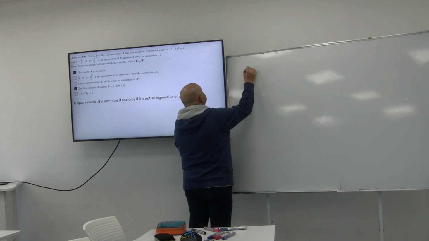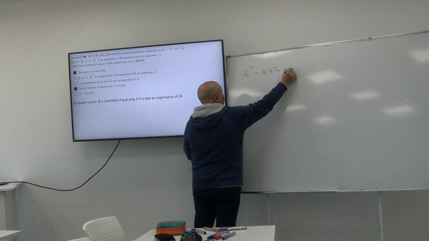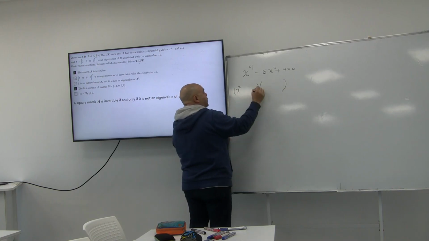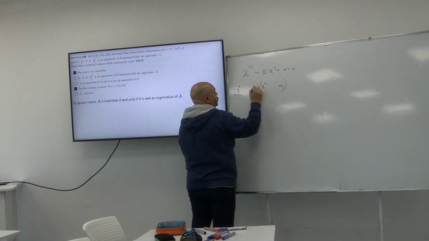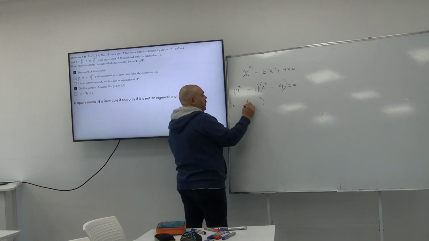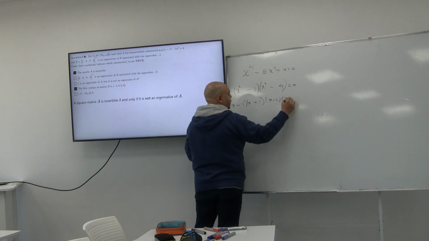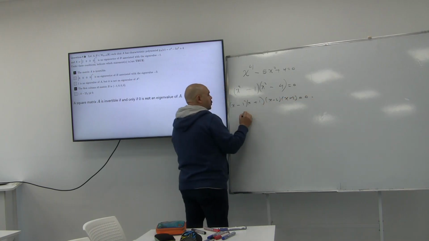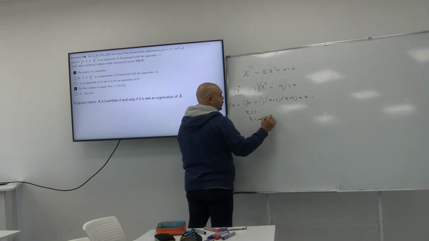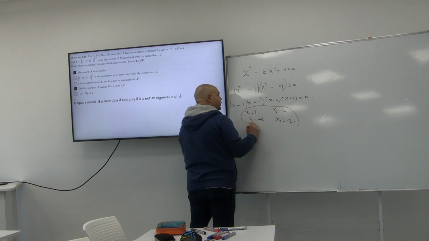I have x^4 minus 5x^2 plus 4 equal to 0. This can be put simply in these two brackets: (x^2 - 4)(x^2 - 1) equal to 0. This can be easily factorized into (x - 1)(x + 1)(x - 2)(x + 2) equal to 0, which gives x1 equal to 1, x2 equal to -1, x3 equal to +2, and x4 equal to -2.